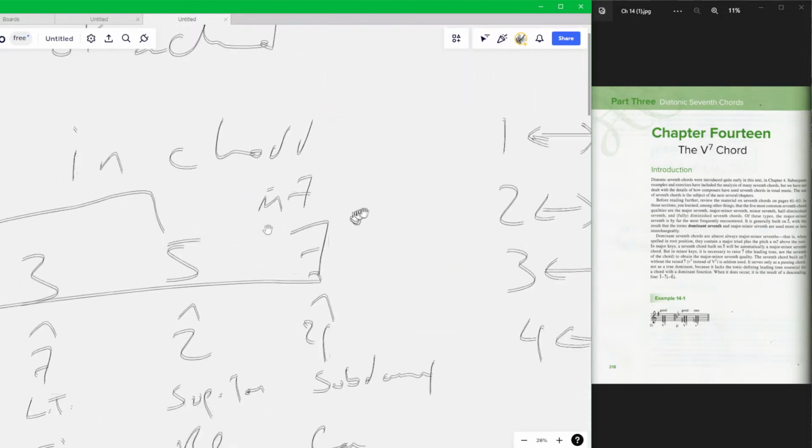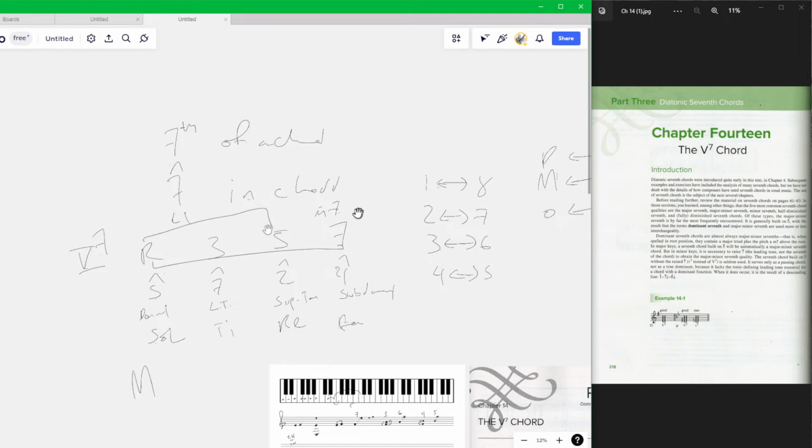Now, let's relate this back to the quality of the 7th, because this is something you're going to have to do later. If not this chapter, then definitely chapter 17, secondary dominant. To find the quality of the 7th, just take the root and put it next to the 7th. So let's say we're in C major, G, B, D, F, right?